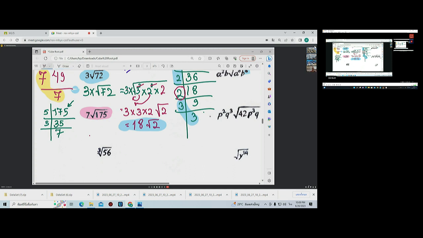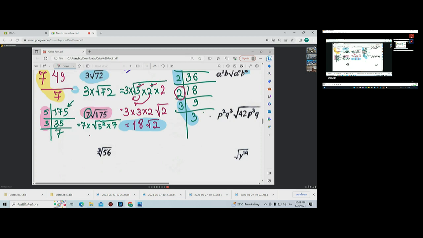So how many squares do you see? 5 square, right? So we write equals, we have 7 multiplied outside, so we write 7 times, and under the root we have 5 square times 7.